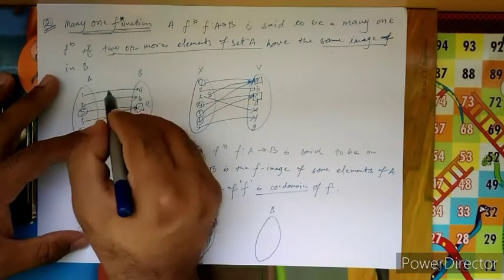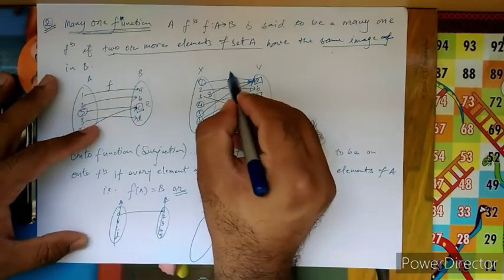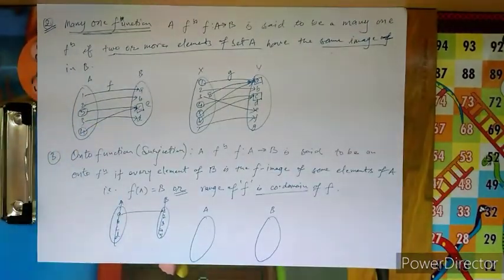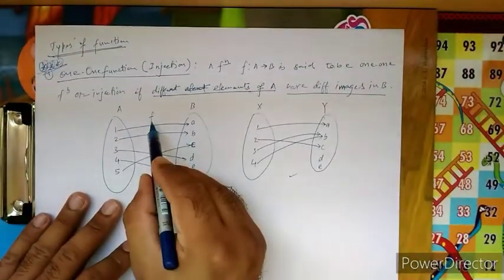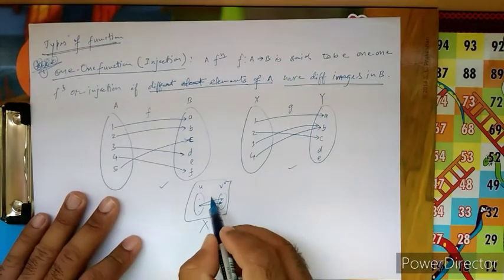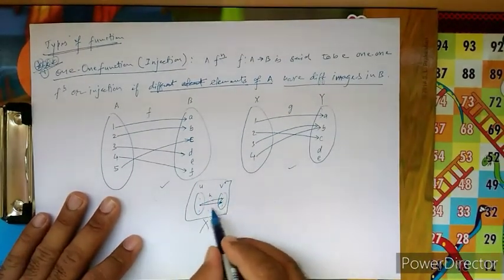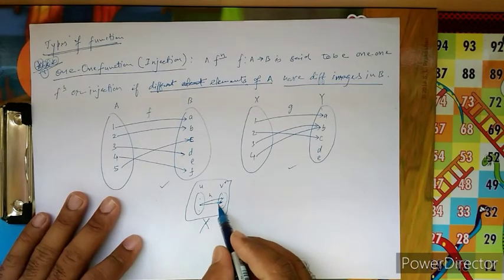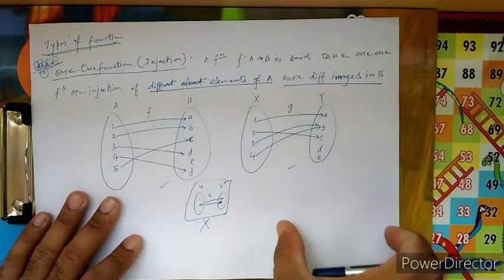And obviously all the times we need to explain that this is function f, this is function g, likewise we have to write that also. Let us say this function g is there, function h is there, but it is not 1-1. Why it is not 1-1, I have explained.